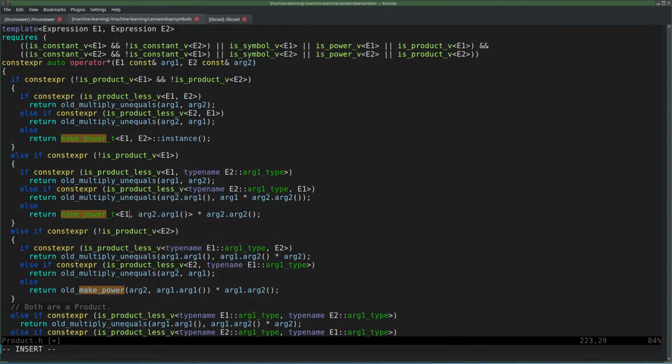So this was type E1, and this is then typename E2 for arg2, and arg1 has the type arg1 type. But then I have a type, I no longer have an object. Now I can do instance here.